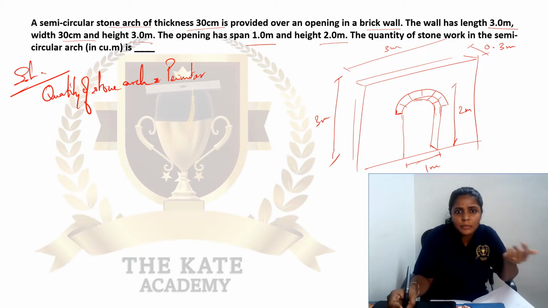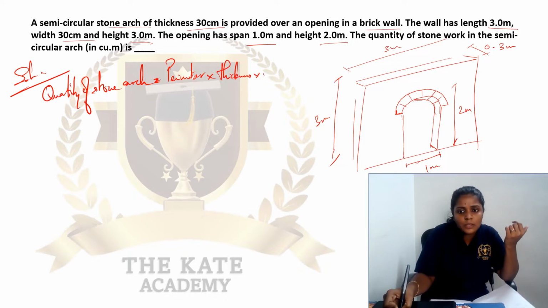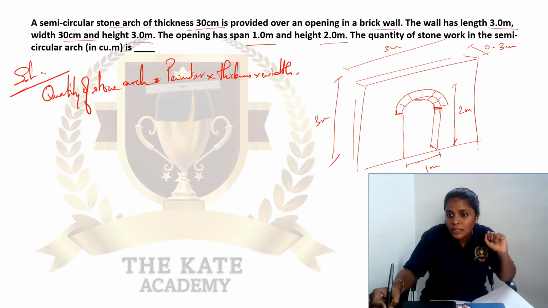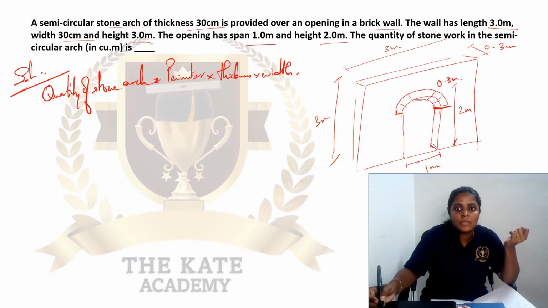For your understanding, I am writing it over here as perimeter into your thickness into width. Okay. Now what are the dimensions we have over here? They have also mentioned that thickness of it is 0.3 meter. We already know the thickness of the wall is 0.3 meter. So we know the thickness, we know the width.